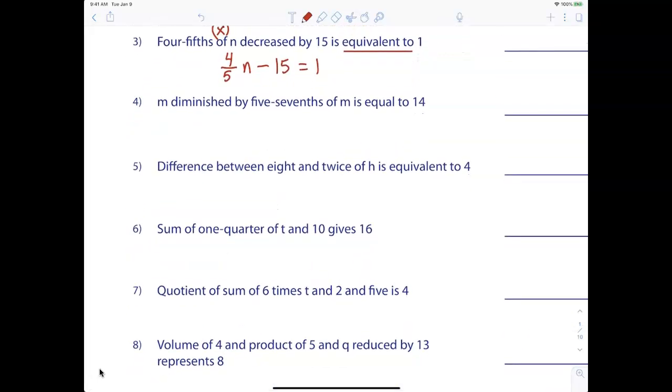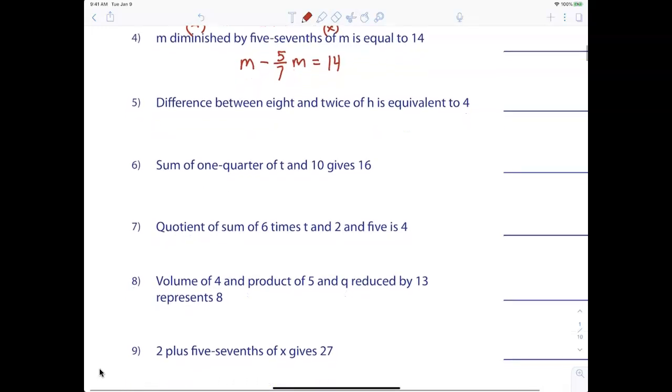Diminished means subtract. So m is being diminished by 5/7 of m. Again, remember, of means multiplication, and that is equal to 14.